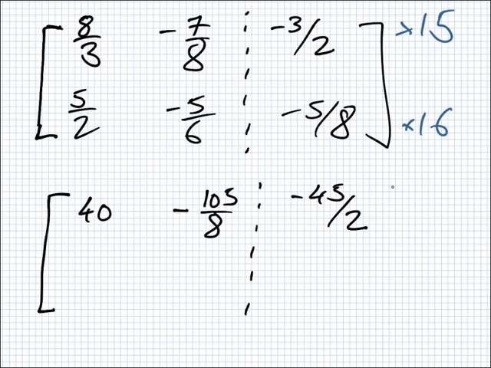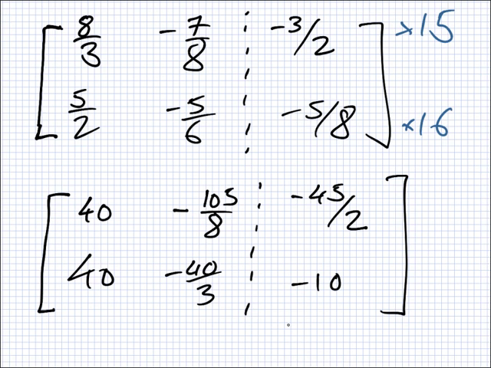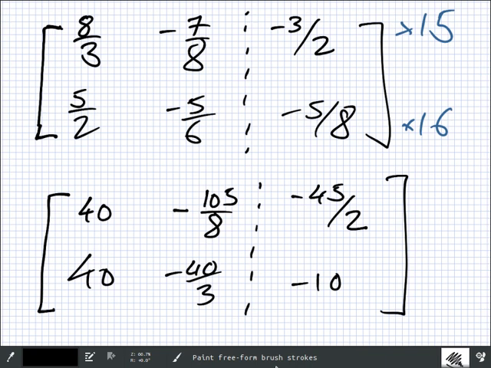Our life is hard enough. 5 over 2 times 16, that's 40, of course. We did that on purpose. And 40 over 3. Can someone confirm that? Yeah. Perfect.